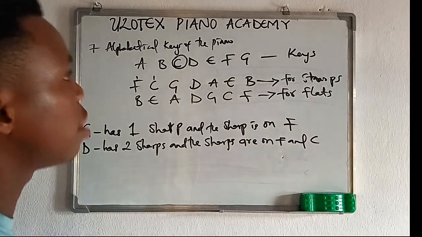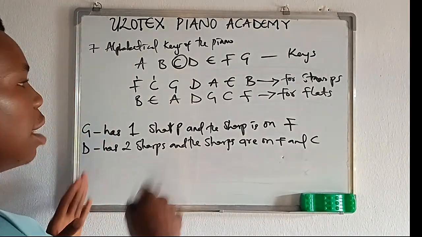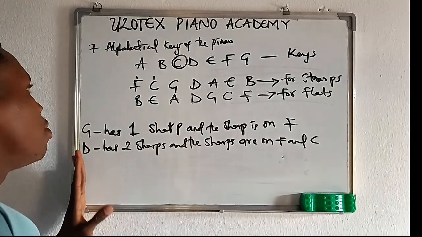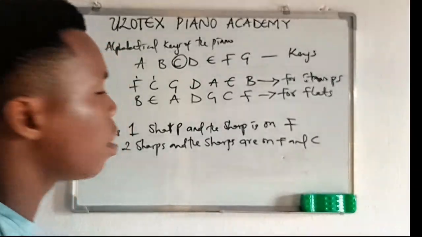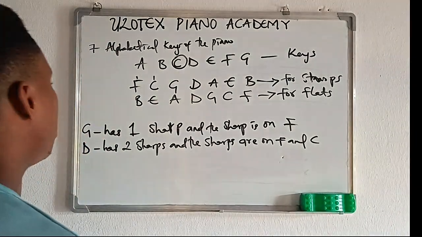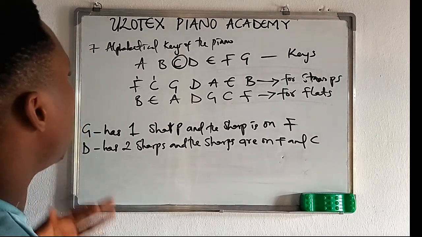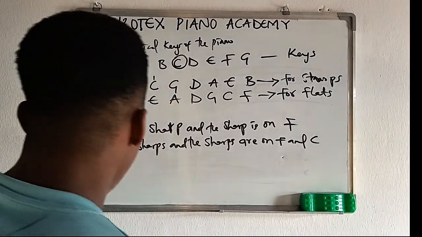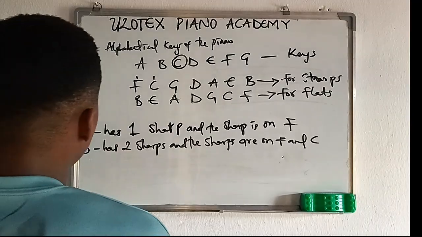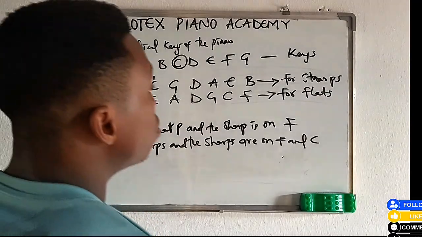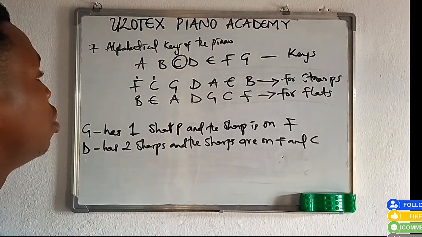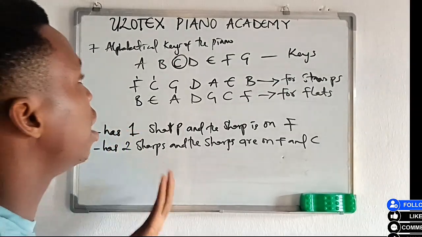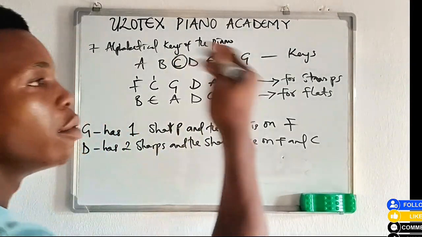Then let's talk about the scale on key D. How do we talk about it? If we're coming from this D to the next D, what are we sharpening? We are going to sharp F and we are going to sharp C. So if we are to run a scale, we do it by playing D, playing E. Then when we get to F, we sharp it.